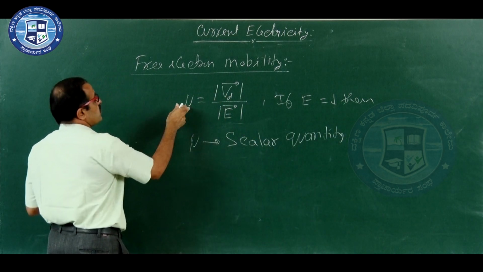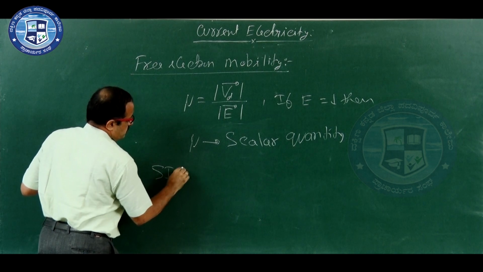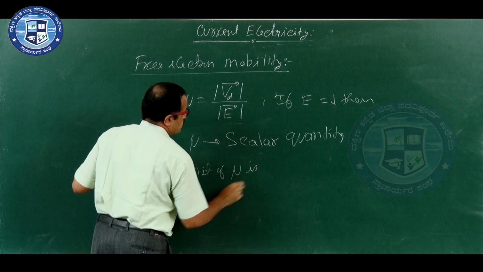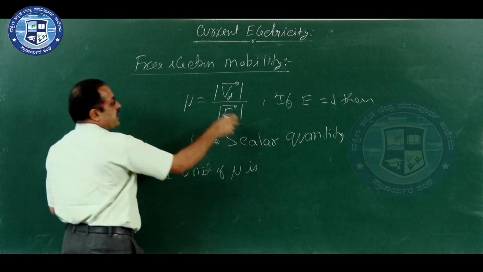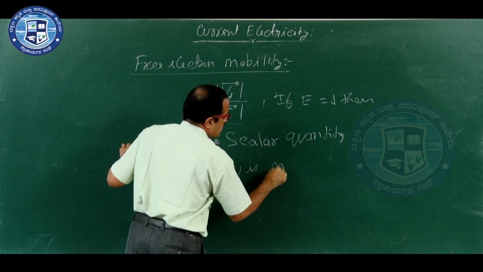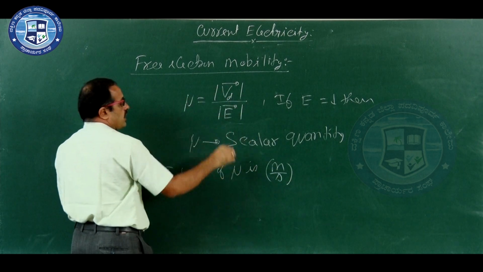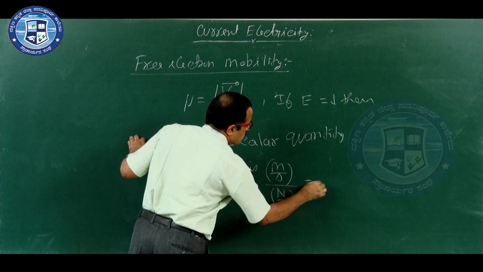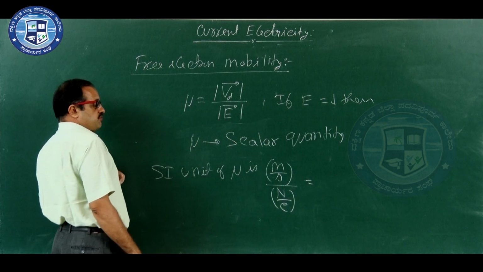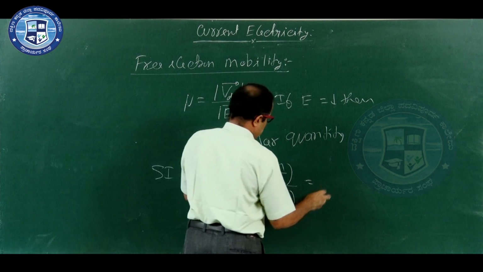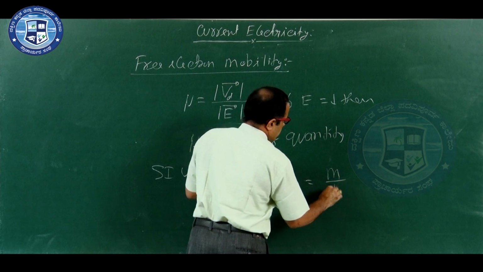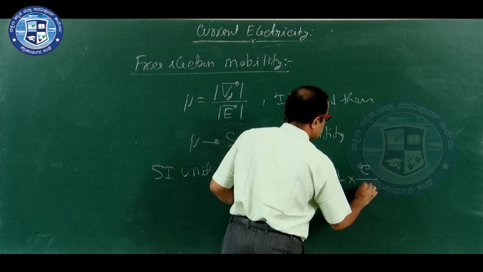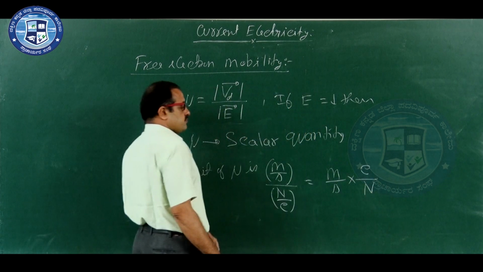What about the SI unit of mu? The SI unit of mu: this is the speed, meter per second, and it is divided by electric field. Electric field is Newton per Coulomb. If you simplify this one, it is meter divided by second into Coulomb per Newton.